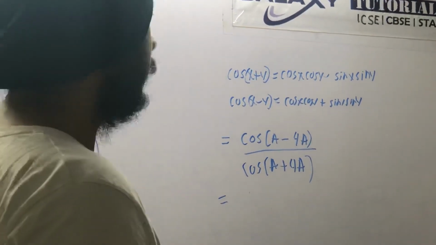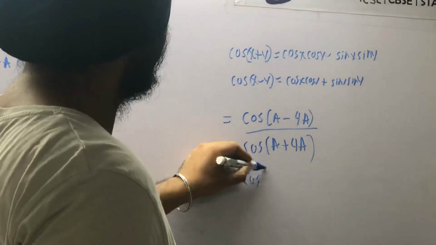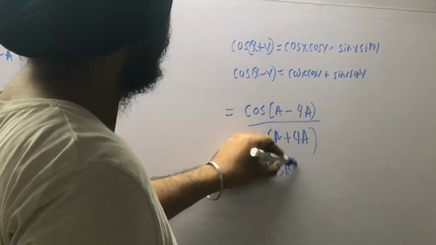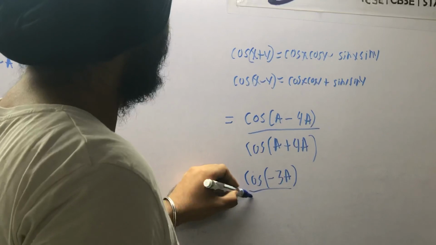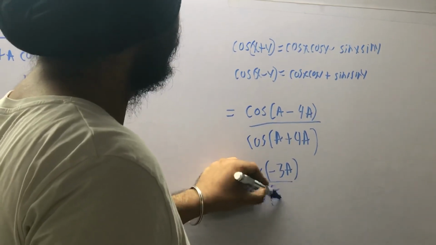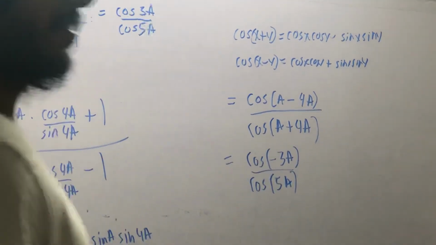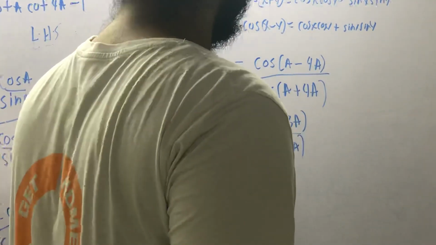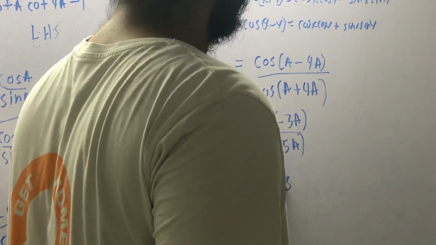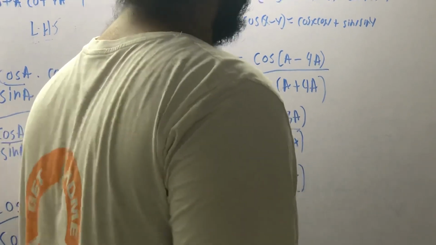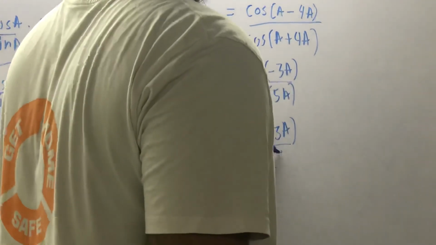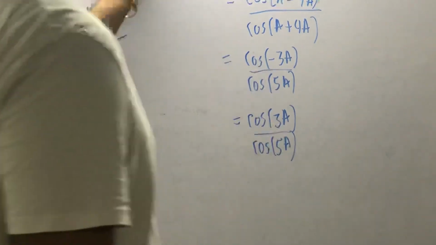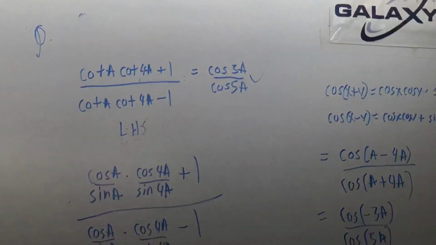So cos A minus 4A is cos of minus 3A upon cos A plus 4A is cos 5A. Okay, cos of minus theta is how much? Cos theta. So cos minus 3A will be cos 3A. And cos 5A you can write as it is. So see, LHS is equal to RHS. Hence proved.